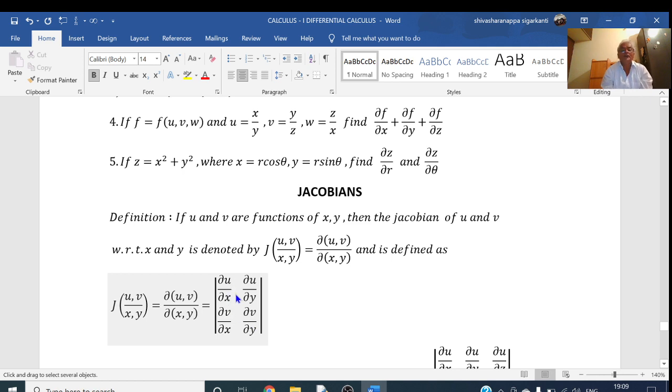That is ∂u/∂x, ∂u/∂y. Second row is ∂v/∂x, ∂v/∂y.